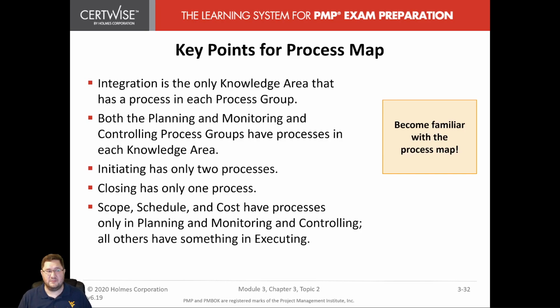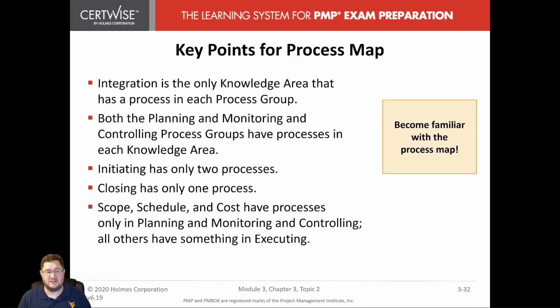So those columns, planning and monitoring and controlling, have all 10 knowledge areas. Initiation only has 2 processes. Closing only has 1. That's under integration.